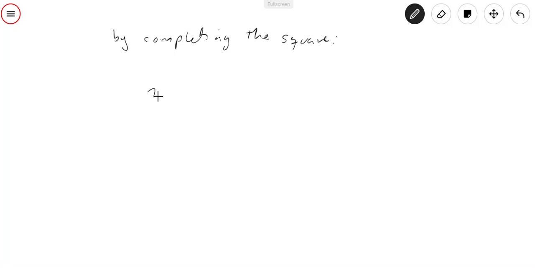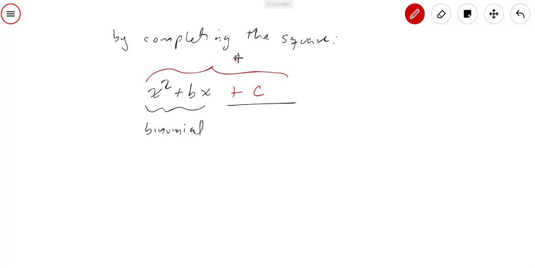When I have a binomial x squared plus bx, this is a binomial, I will be able to find the constant c that converts that binomial into a perfect square trinomial by adding that constant c to the given binomial. Perfect square trinomial.